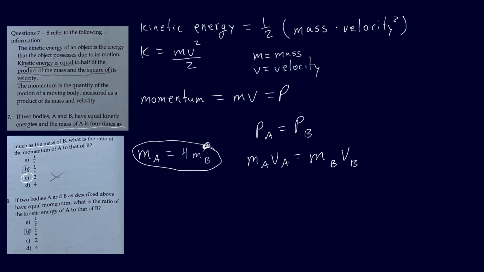So mass of object A is equal to 4 times the mass of object B. So I'm going to write 4 times the mass of object B times the velocity of object A equals the mass of object B times the velocity of object B.